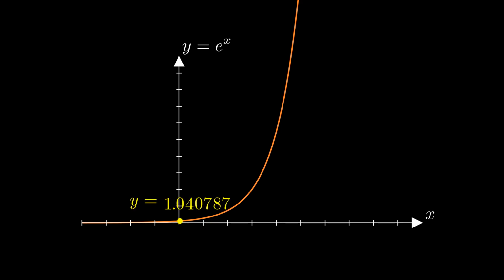We can see now that the y value is starting to get larger. And as we keep moving right, it just kind of shoots off the graph. It gets so large. So one thing we can say about the graph as it moves from left to right is that it increases. The values get larger as x gets larger.